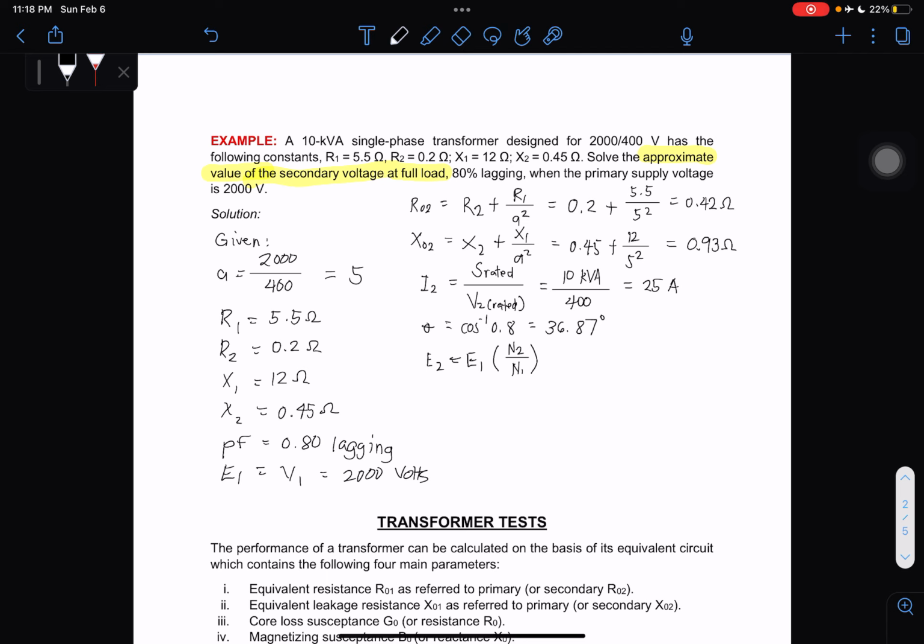So 2,000 is our E1, and N2 over N1 is 400 divided by 2,000. So our E2 will be 400 volts. Now we can solve for our secondary voltage at full load.